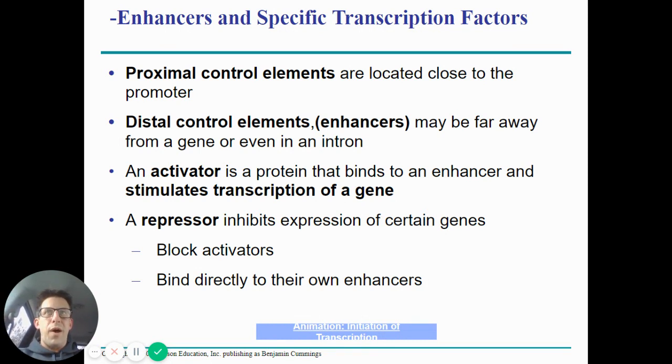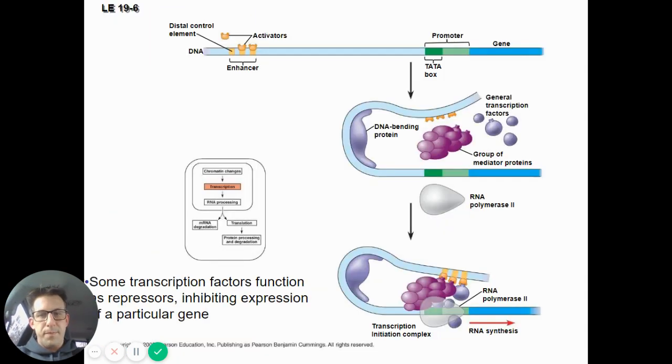We can bind these activators to the enhancers, and when we do that, the gene will be transcribed. Or we could bind repressors to these enhancers, which causes the genes to not be transcribed. Okay, it represses transcription.